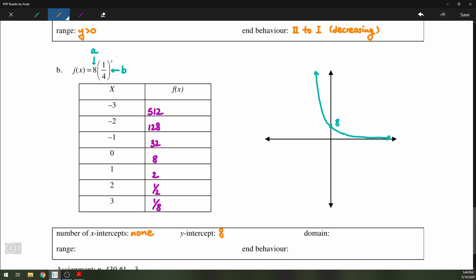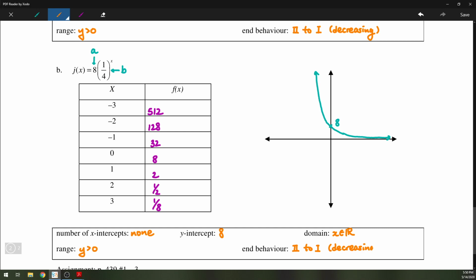The y-intercept is going to be the a value, which in this case is 8. The domain is just x is an element of the real numbers. This is where the a value is more relevant. Since a is positive, the range is just y is greater than 0. And the end behavior, once again, quadrant 2 to 1, and once again, decreasing.